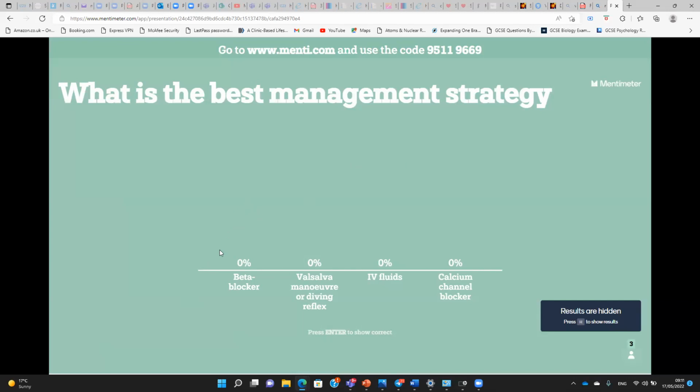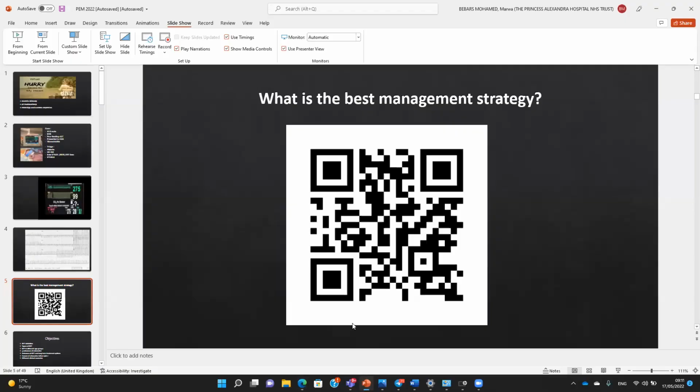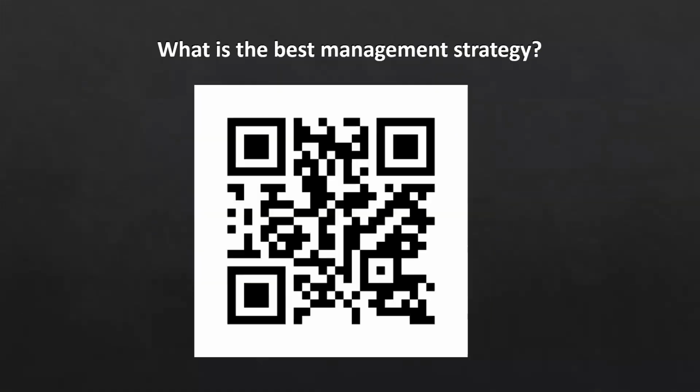Marwa, maybe leave the QR code up just for a tiny bit longer, just in case people are getting their scanner out. Okay. Yeah, perfect. We're going to give everyone a couple of minutes to have a think about what's gone on, have a vote, and then we'll put up the results and we can move on. So maybe by 12 past, Marwa, we can switch to what the results are.